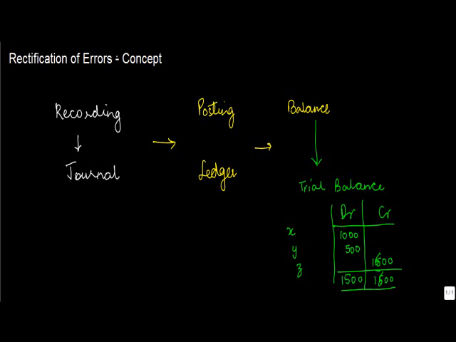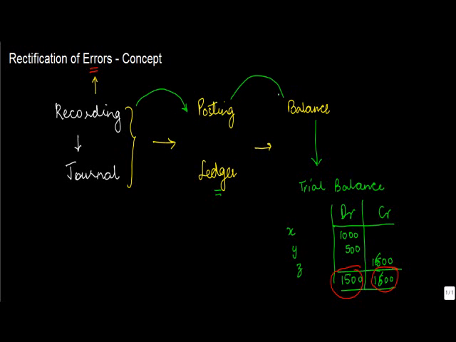In that case, what we need to find out is what the errors are. The general rule is that these two totals should tie up with each other. But if they do not, then the only possibility is that there is some error. These errors could occur when you are recording, though the chances are less, or once you have recorded the journal entries, when you post these entries into the ledger, there could be a problem.